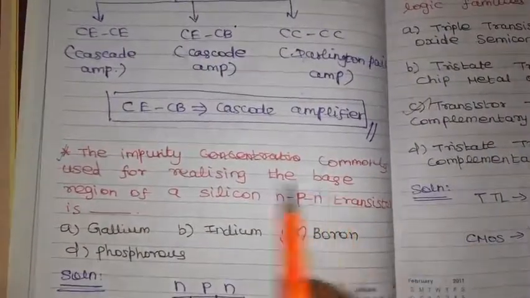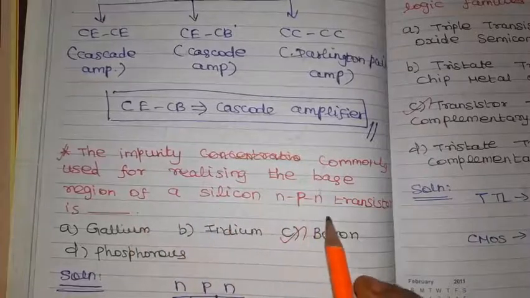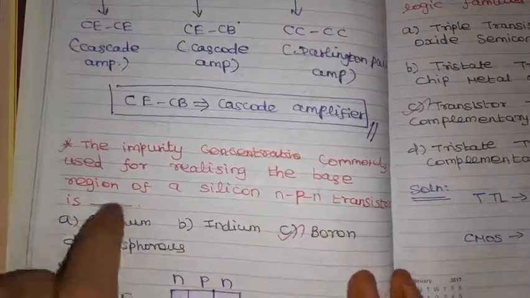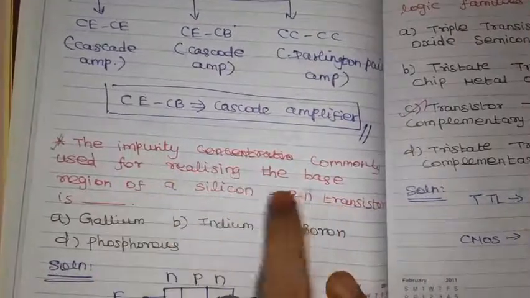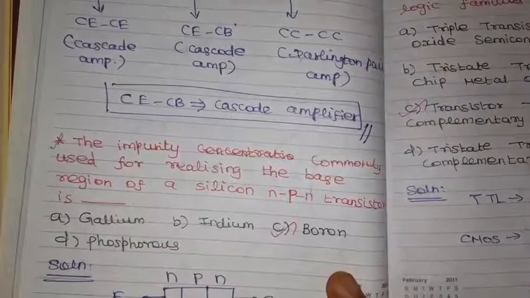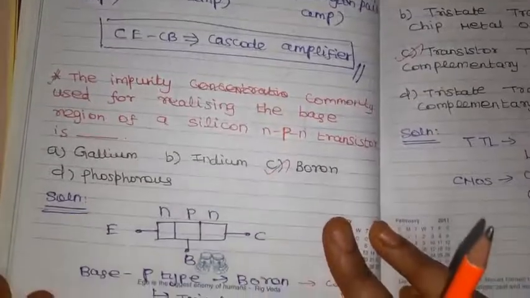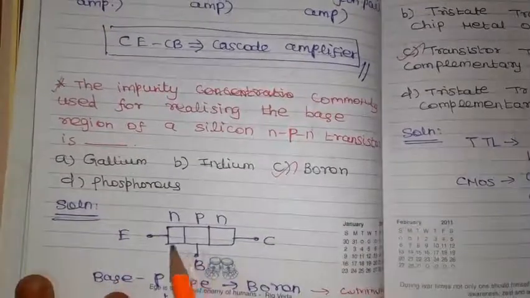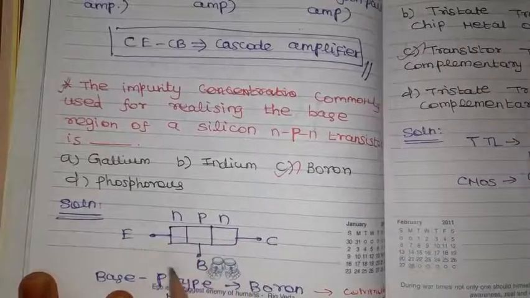The impurity commonly used for realizing the base region of a silicon NPN transistor is. So we need to find out the impurity commonly used for the base region of the silicon NPN transistor. We need to be very careful while reading the question. Four different options are given. In general, an NPN transistor has 3 leads: emitter, base, collector.